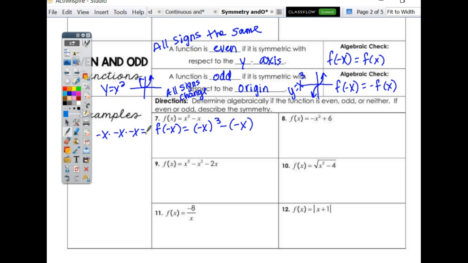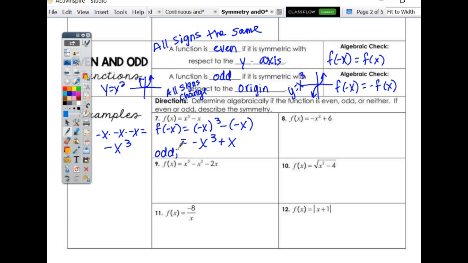Negative x to the third. And then minus and minus becomes plus. So every single one has to change. So the first one's positive, and now it's negative. This is negative, and now it's positive. All the signs changed. They're all the opposite, so this is odd.